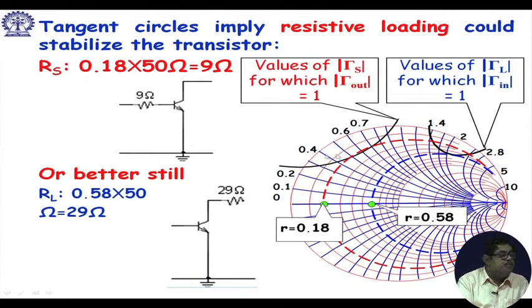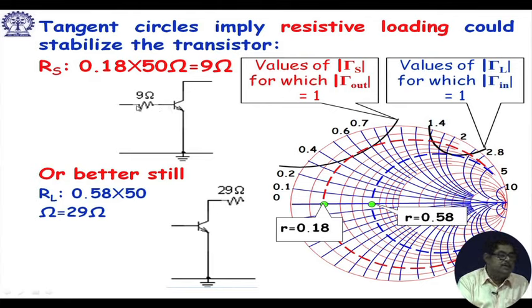Since this is the input circle, if I put this value, you see I am further off here. With a 50 ohm characteristic impedance, 0.18 normalized resistance is here, you see, 9 ohm.